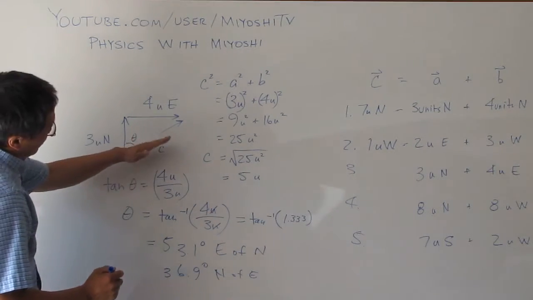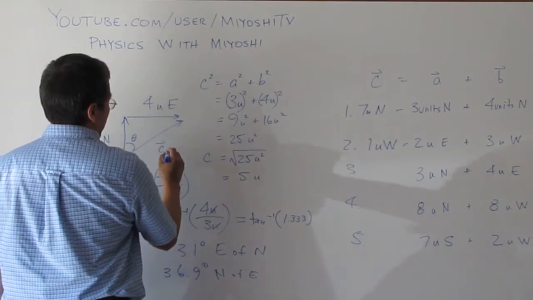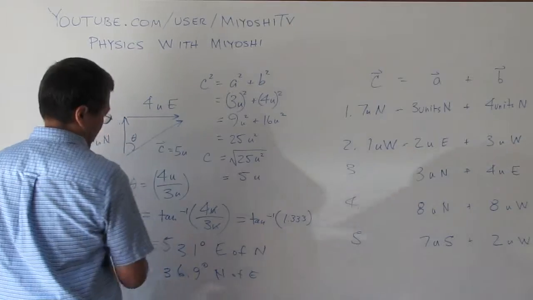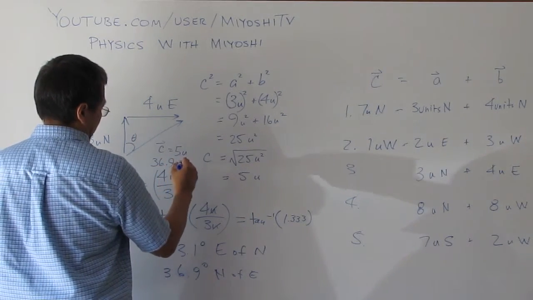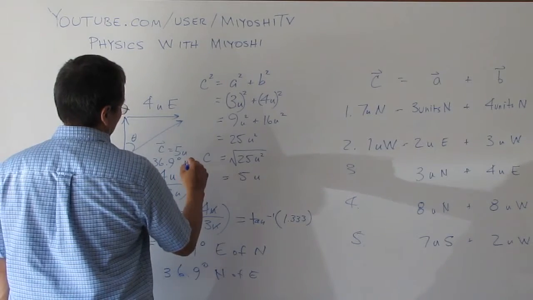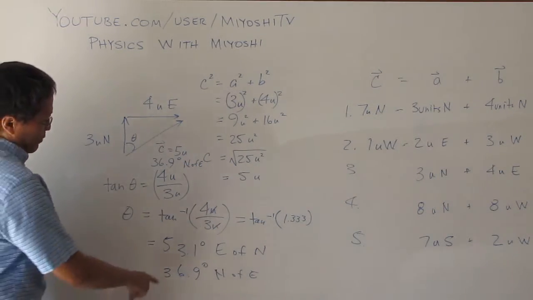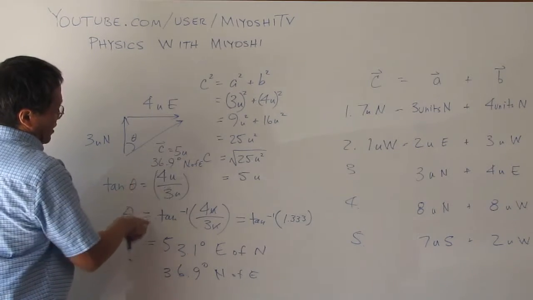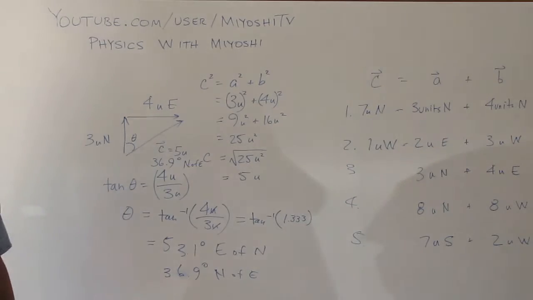So that would be this angle right here. So my resultant C is going to be 5 units, 36.9 degrees north of east, or the same way I could put 5 units, 53.1 degrees east of north. Okay?